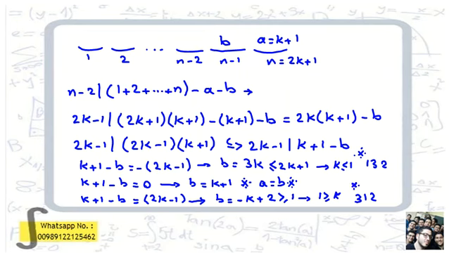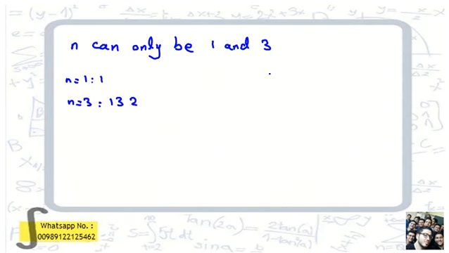And again, another contradiction, because at first we assumed that k is greater than or equal to 2. So for k greater than or equal to 2, the problem is not true. So the only n that satisfies the problem is when n equals 3 or 1, but the problem says n is greater than or equal to 3, so the only answer is this, since n is greater than or equal to 3 from the assumption of the problem.